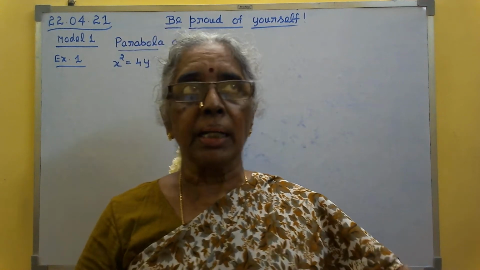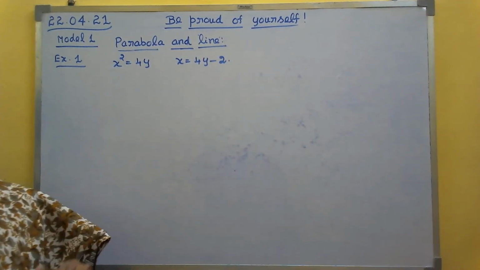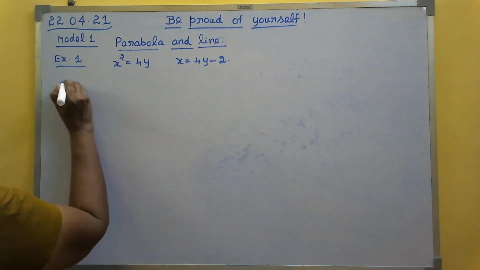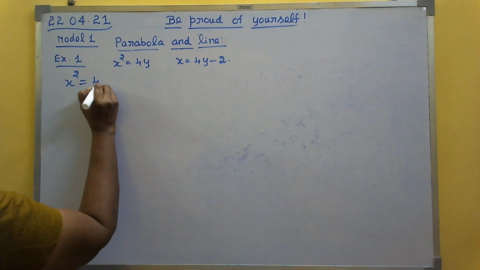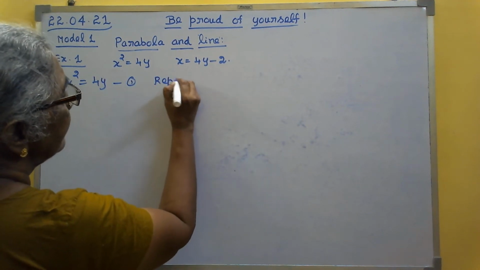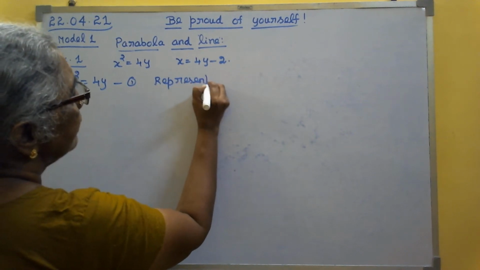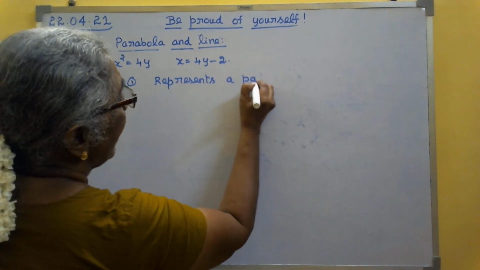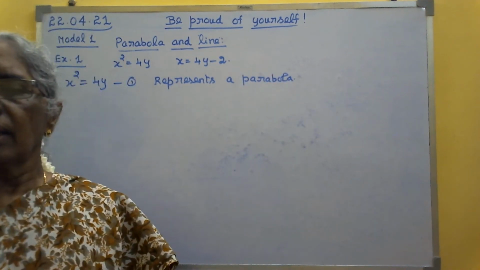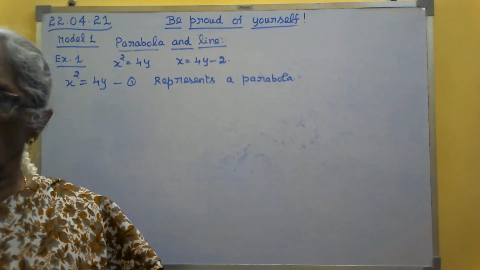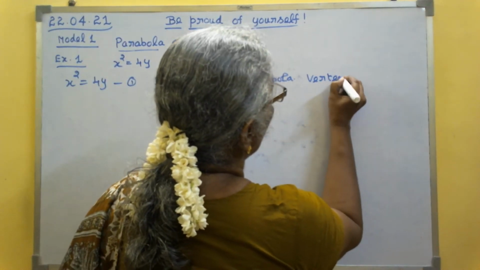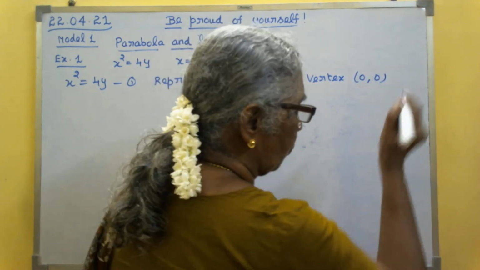So now for this sum, first we have to describe the figure. That's what I told you. This x squared is equal to 4y, I will mark it 1. This represents a parabola, right? Now I want to write the vertex. You will have only standard parabolas to start with, so because it is a standard parabola, you know the vertex is (0, 0).